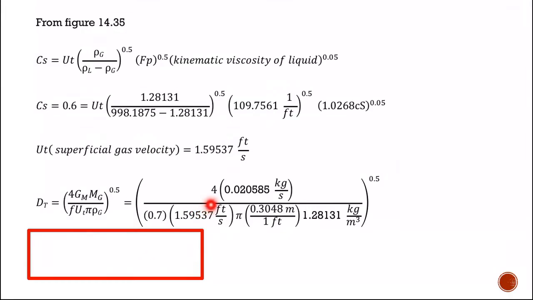Substituting the values, 4 times 0.020585 all over 0.7 times 1.59537 pi times 0.3048 meter per foot times the density of gas, 1.28131 kilogram per cubic meter, quantity raised to 0.5, we estimated the diameter as 0.2451 meter, or equal to 0.8041 feet.